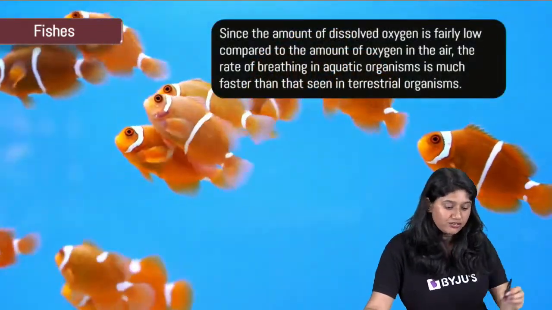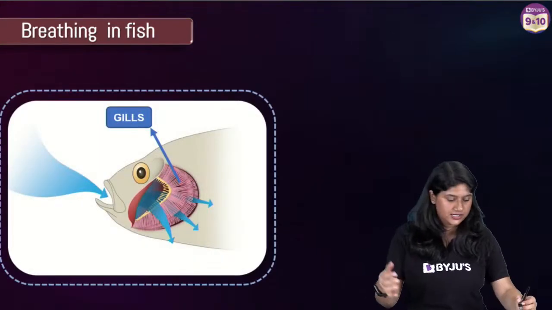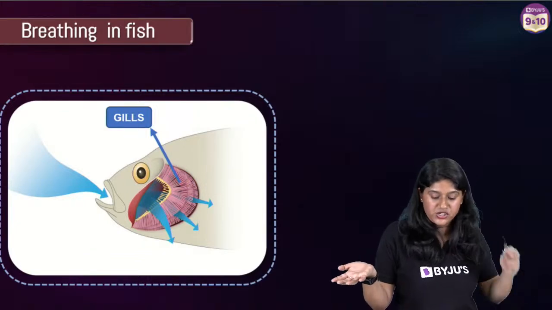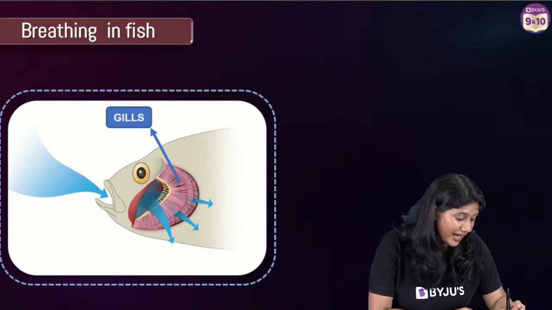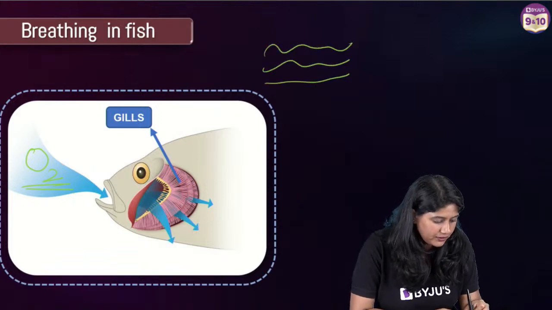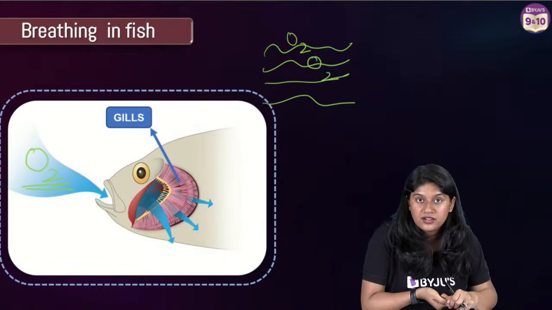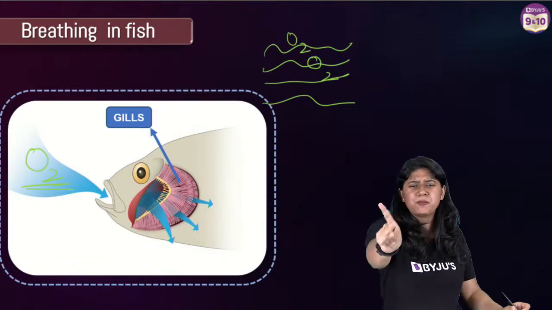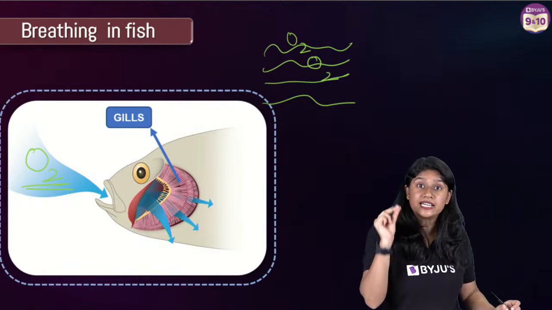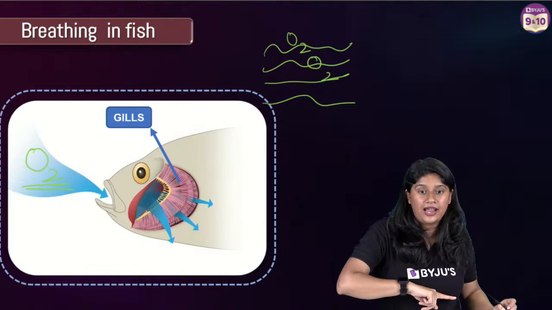So we know that fishes breathe through the gills. And that's a very important question, everyone, which is usually asked in the examination. We know that fish takes oxygen dissolved in water. So if this is water, oxygen is dissolved into it. Can I ask you one simple question? Is the amount of oxygen present in the water more than on land or less than on land?